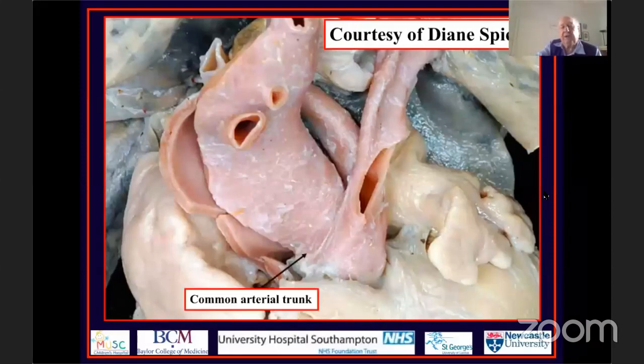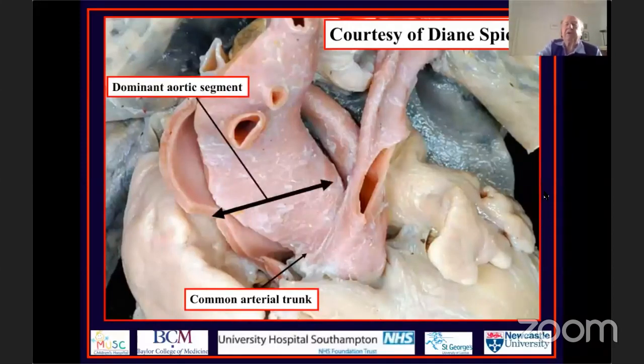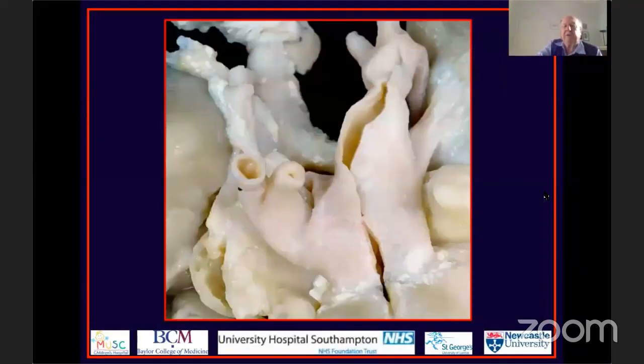So here, more of Diane's lovely pictures. Here you see the commonest arrangement in which the common arterial trunk gives rise to a dominant aortic segment. In this particular instance, the pulmonary segment is arising from the anterior part of the trunk and is showing crossing of the pulmonary arteries. Usually, the pulmonary segment arises a little more posteriorly. So this is the other variant. I've already shown you an example of this in a perturbed mouse. Here it is the pulmonary component of the trunk that is dominant.